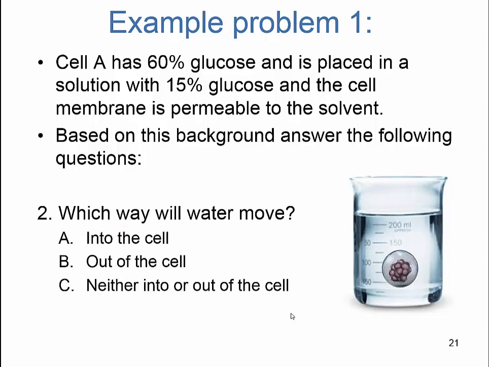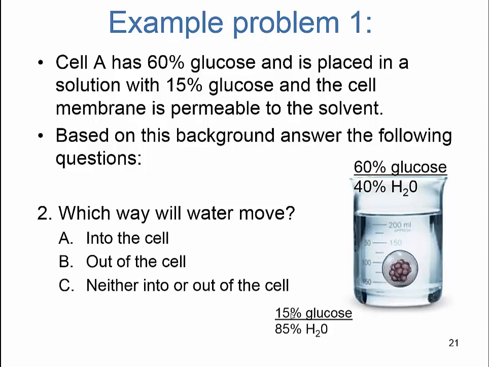So now we take the same problem and ask ourselves, which way will water move? To set this up, you need to know the information. On the outside of the cell, there's 60% glucose, which leaves 40% water. What is the solvent? The solvent is water. And the 15% glucose on the inside of the cell has 85% water.